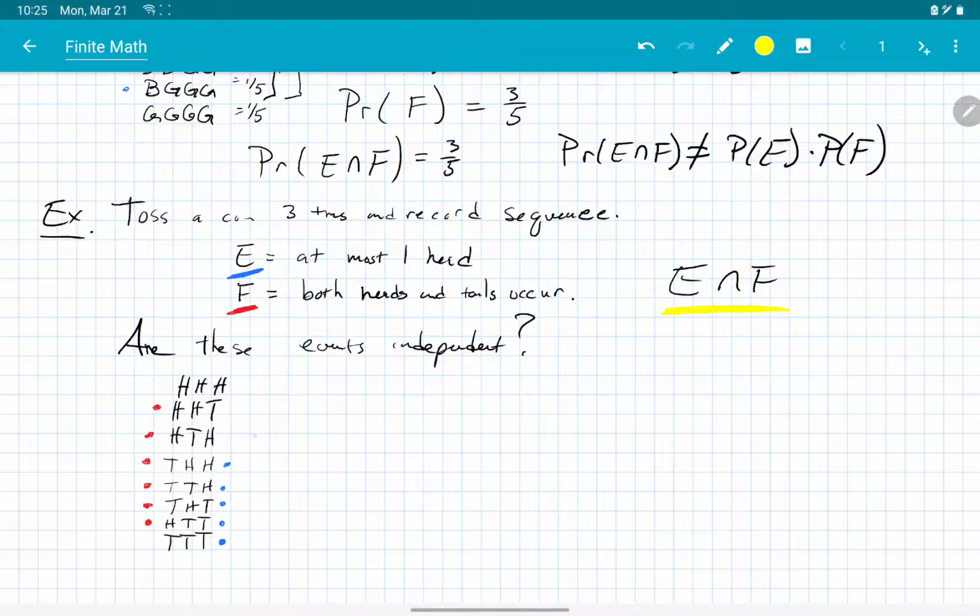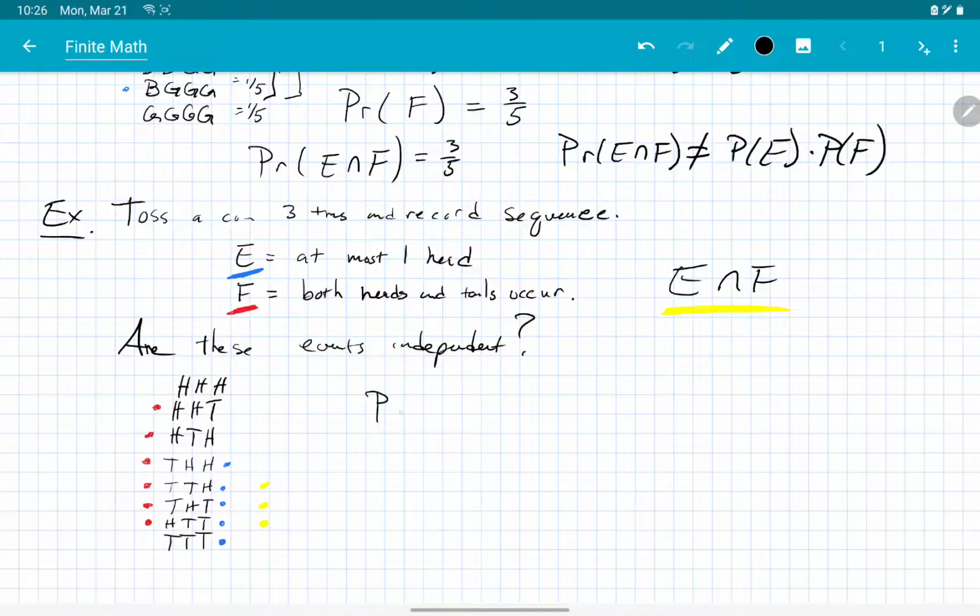So that's going to be this one. Nope, that's wrong. Okay. Heads and tails. Nope, that's too many heads. Okay. At most 1 head and both heads and tails occur. Okay. So now we've got those all labeled.